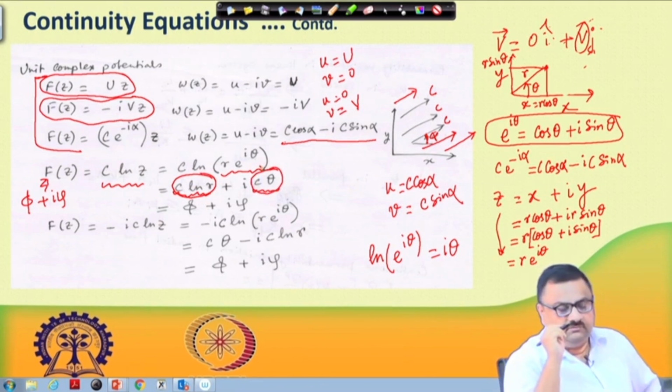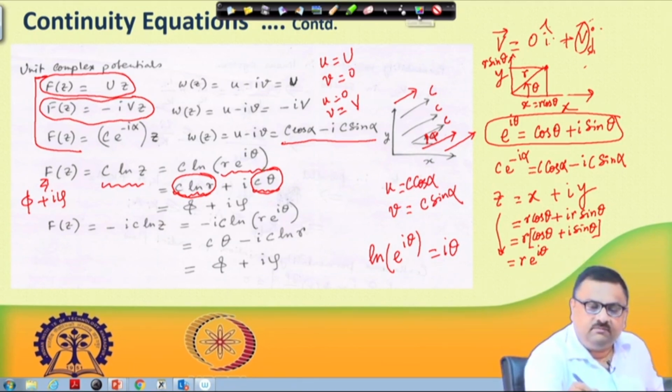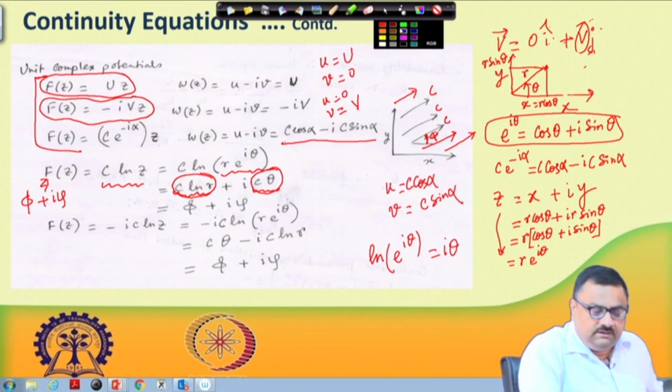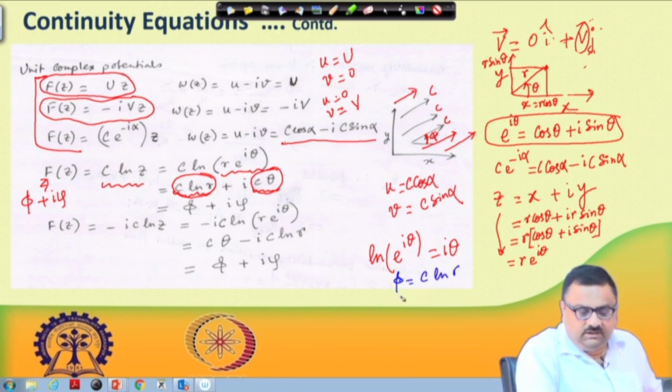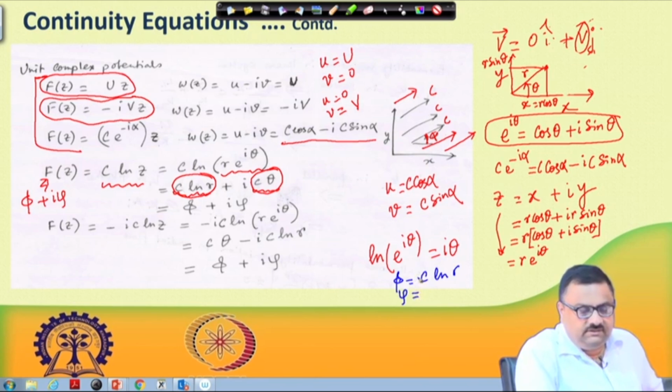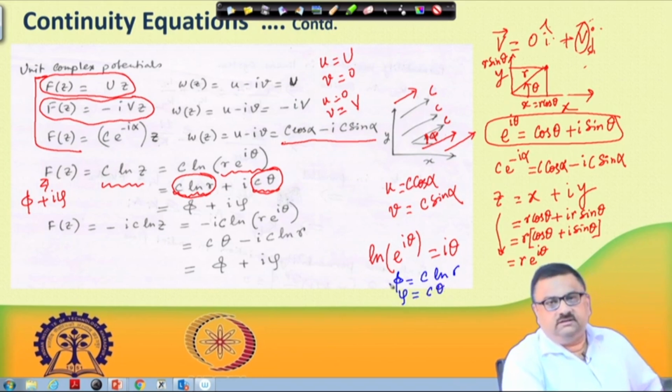So, now we are talking about the potential function, which is C ln r, and the stream function, which is equal to C theta.